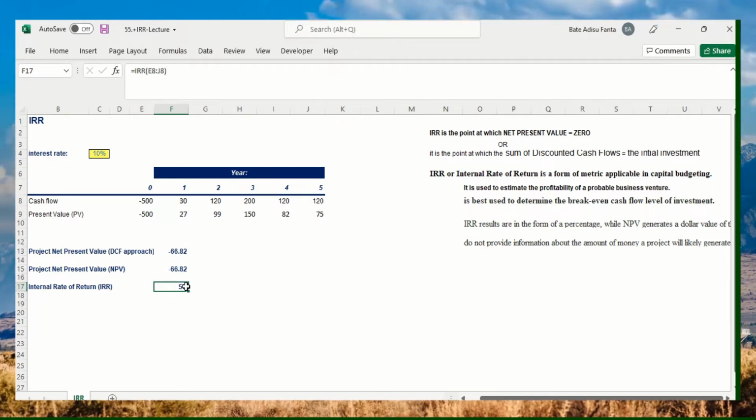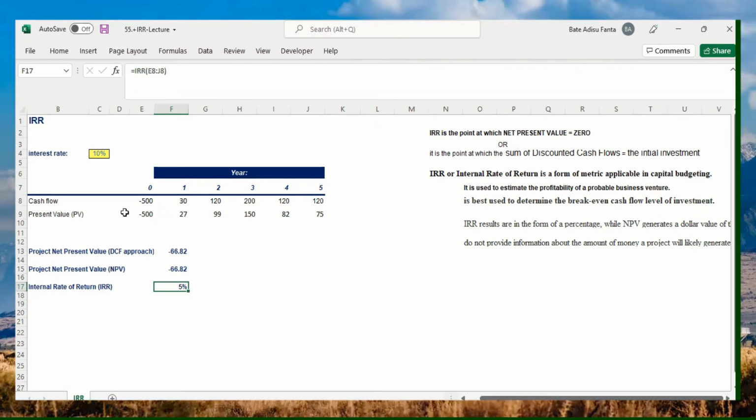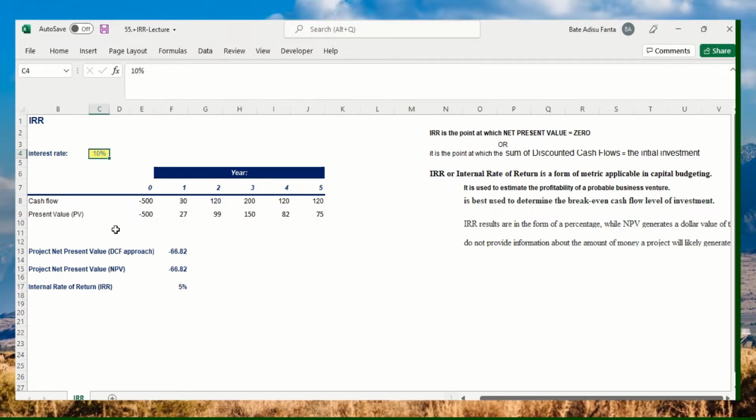This is a very important point for us to make an investment decision, like any PB. As you see here, the internal rate of return of 5% is less than the 10% initial cost of capital.